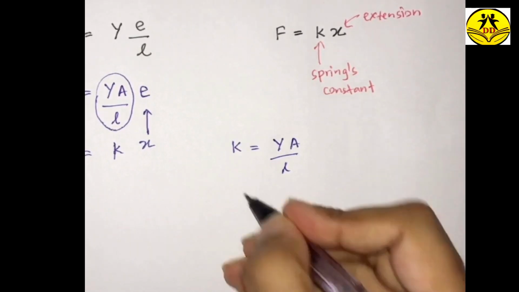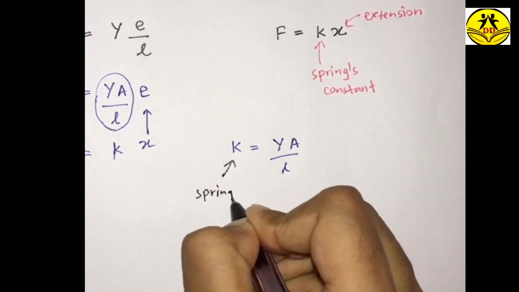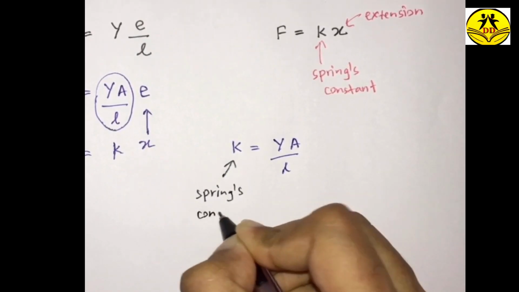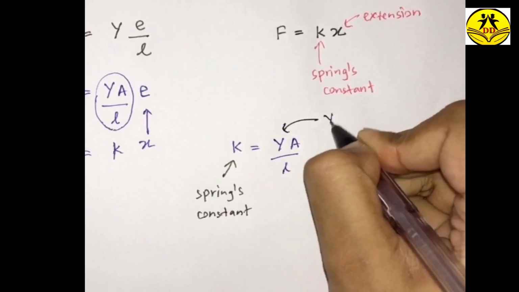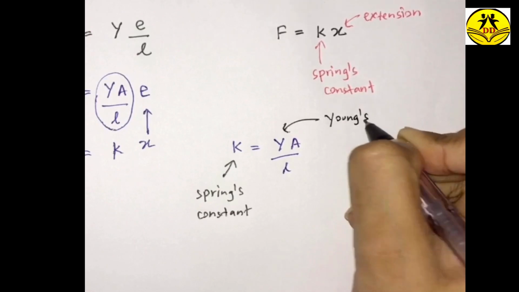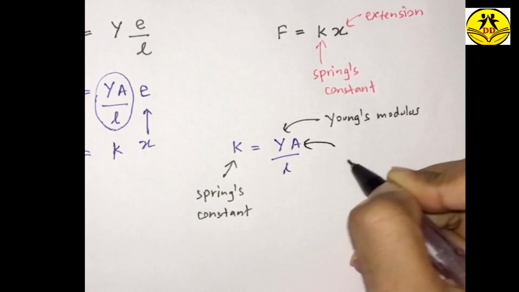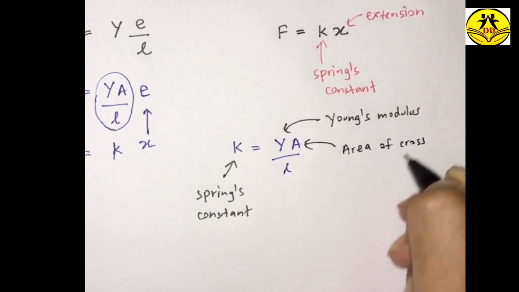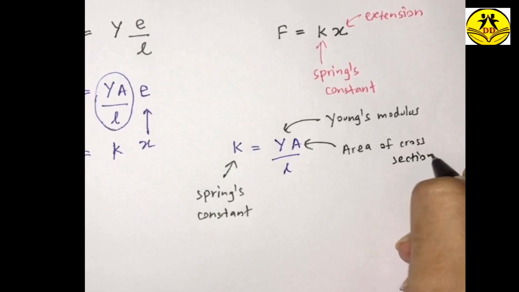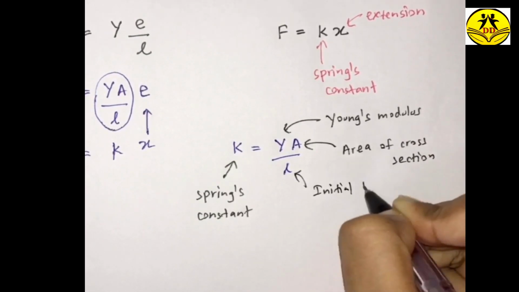We can define them here. K is the Spring's constant, Y the Young's modulus, A area of cross section, and L is the initial length.